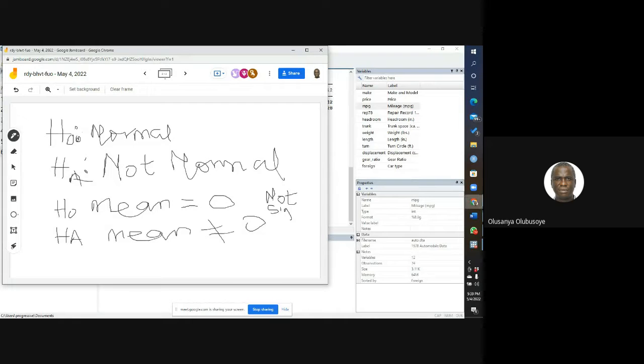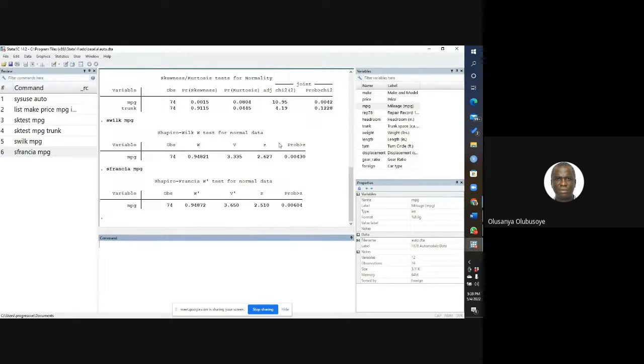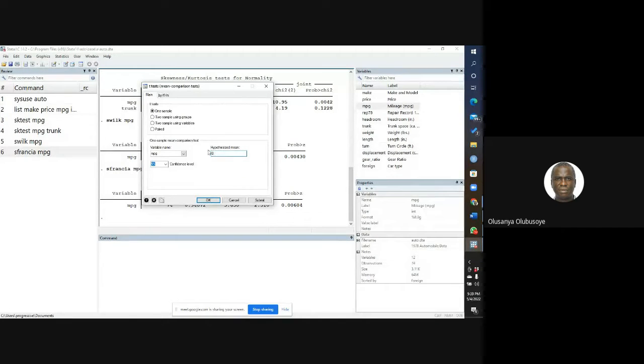So let's go back to here. If the hypothesized value is 0, I'm now saying that the mean of MPG is 0. So let's test this hypothesis, or I can just copy it.